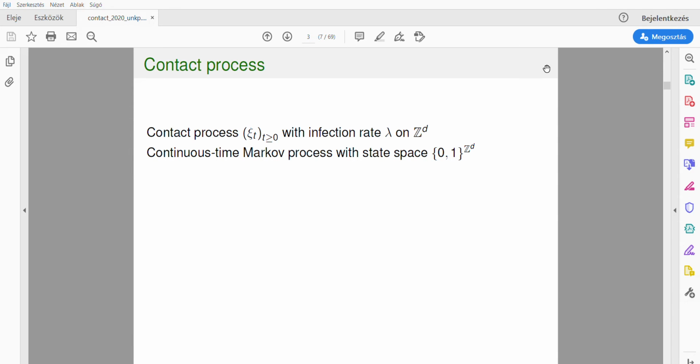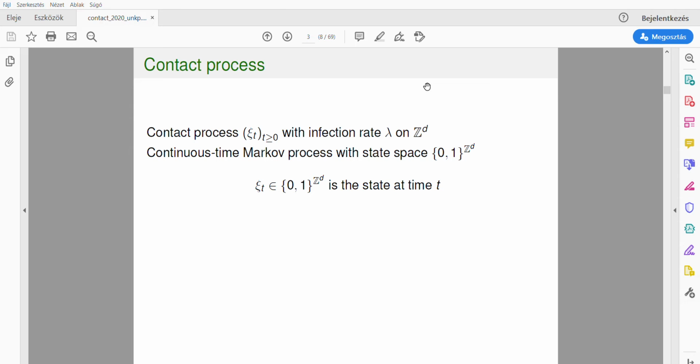And this process is also going to have a parameter lambda. So we are going to discuss what the contact process is with infection rate lambda. And the notation is as follows. For every value of t, xi_t is going to be a configuration of zeros and ones. So this is the state of my Markov process at time t.